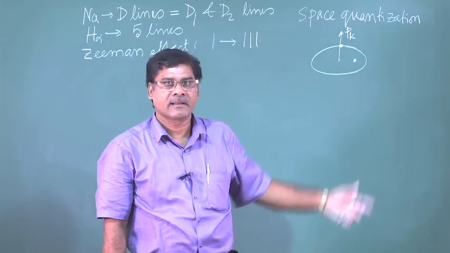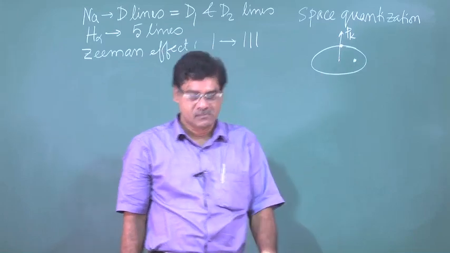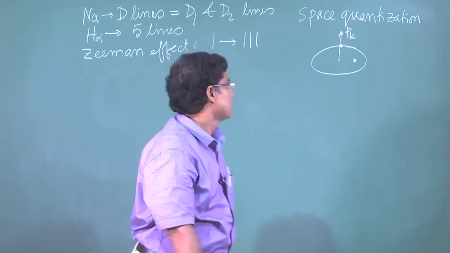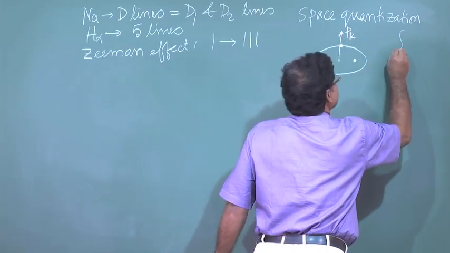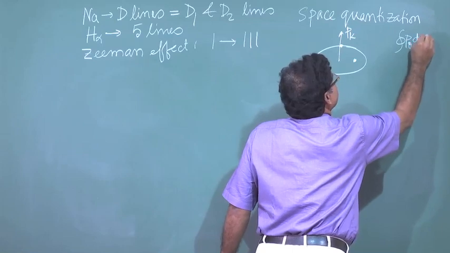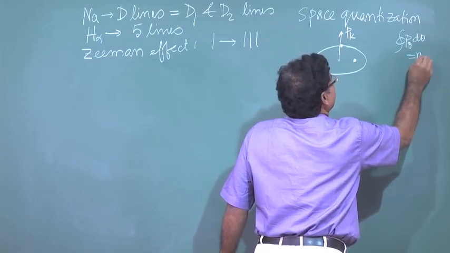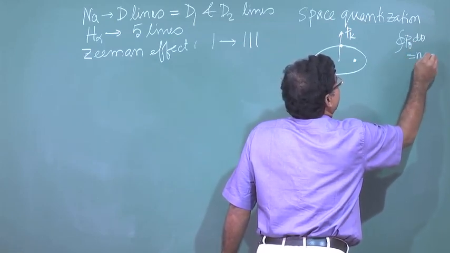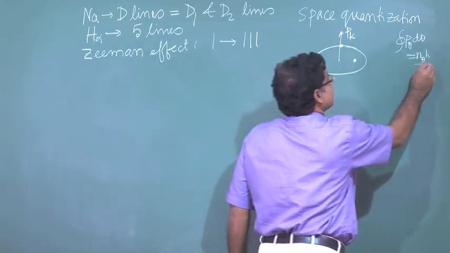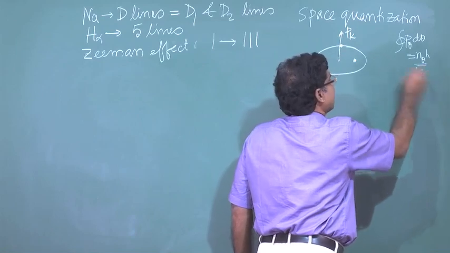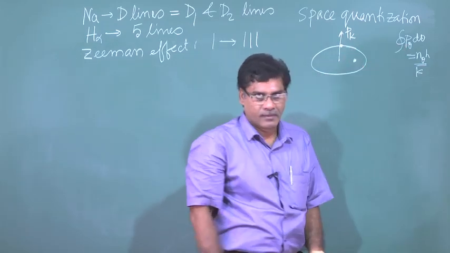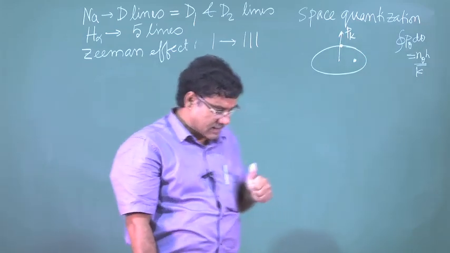Earlier I was writing p theta, and the corresponding quantum condition was basically the integral of p theta d theta equal to n theta h, right. That n theta I mentioned, we have taken as k. So, now this index I am also using as k, pk. So, that is the direction.